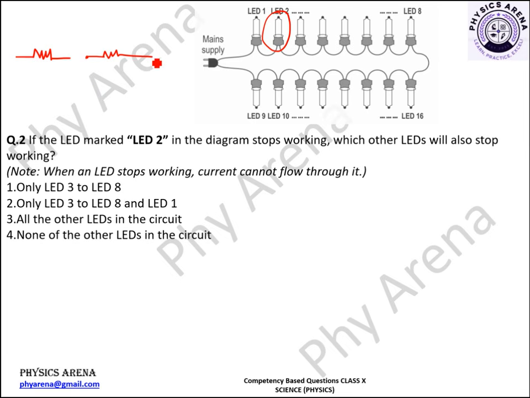When the circuit is not completed, there will not be a glow in any of these LEDs because they all are connected in series. And we know that when components are connected in series, if one component stops working, the other components also stop working. So the answer for question number 2 is that if LED2 in the circuit stops working, then all the other LEDs in the circuit will also stop working. So option 3 is correct.